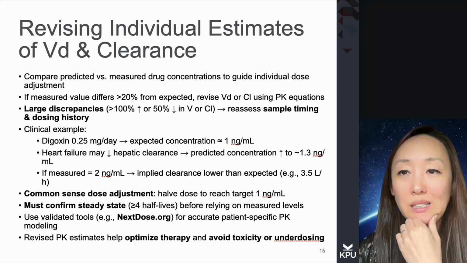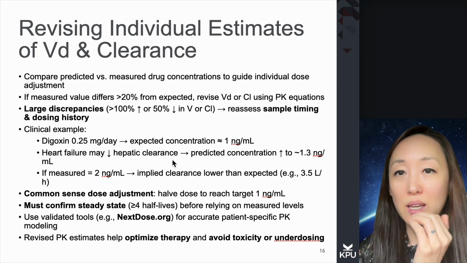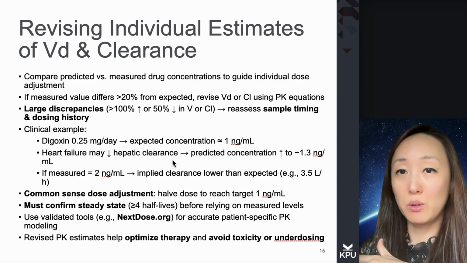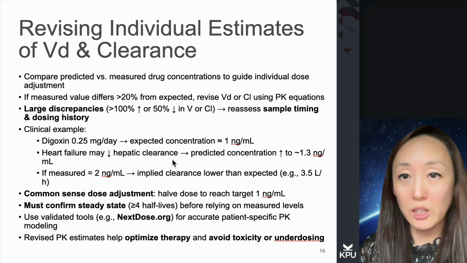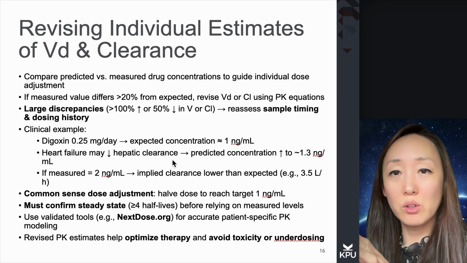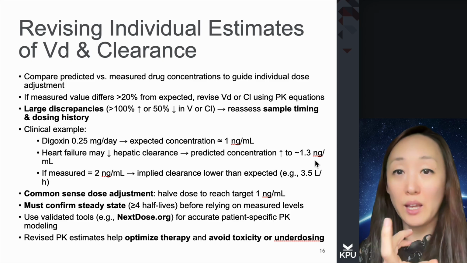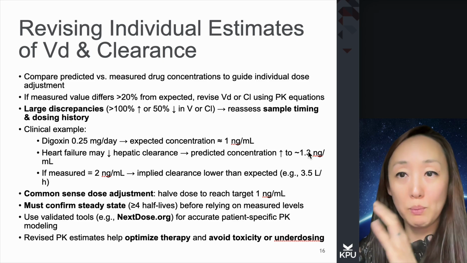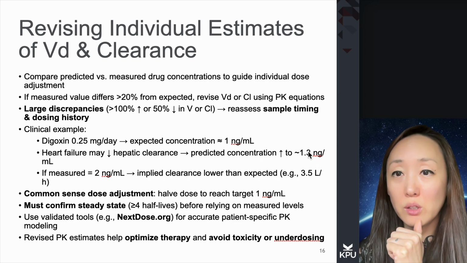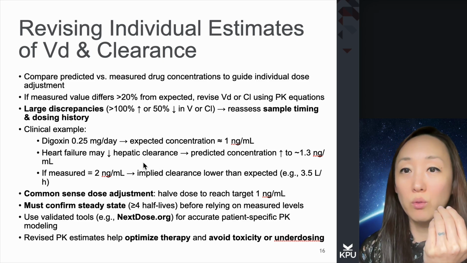Then what this means is we predict that clearance might be, say, 5.5 liters per hour instead of 7 liters per hour. And then we can expect the concentration to then become 1.3, say, nanograms sticking around in your system because you're not clearing like you used to.